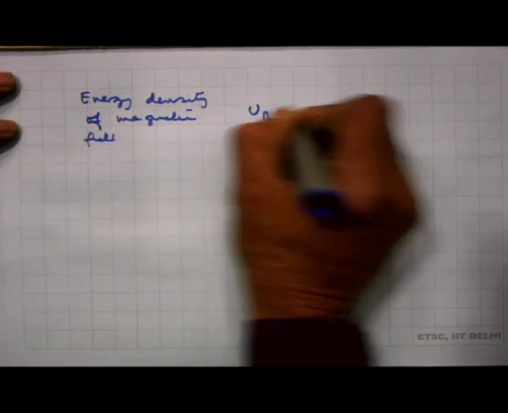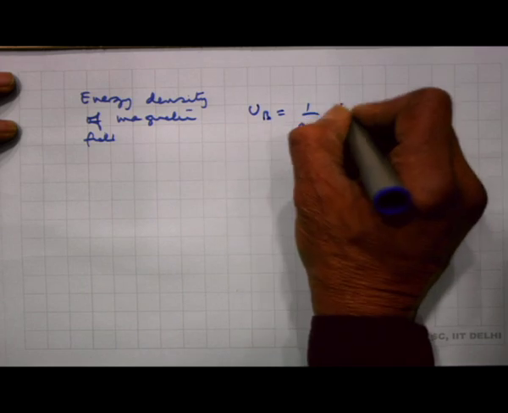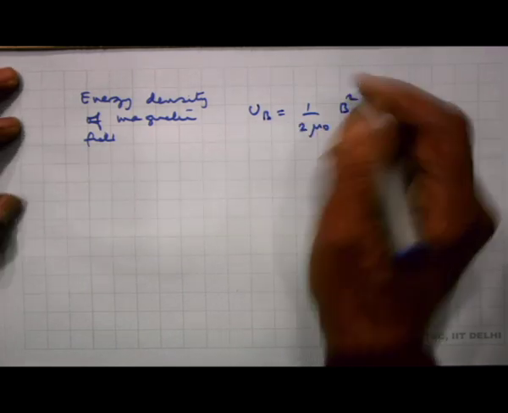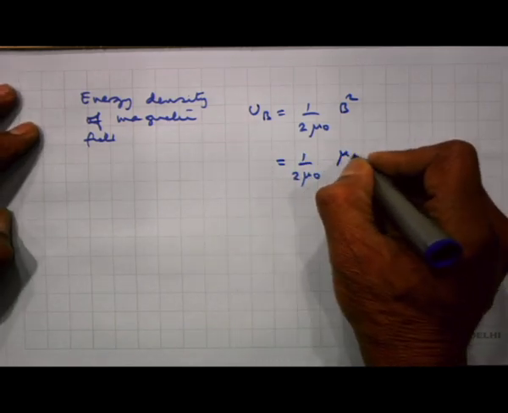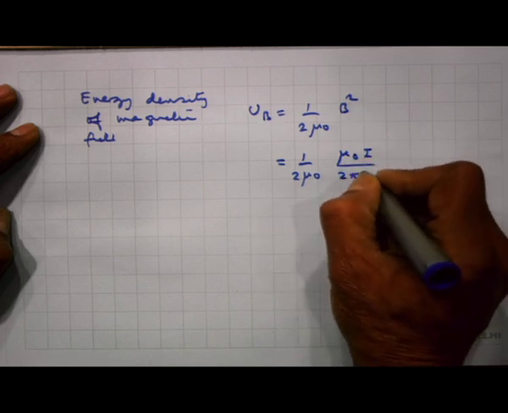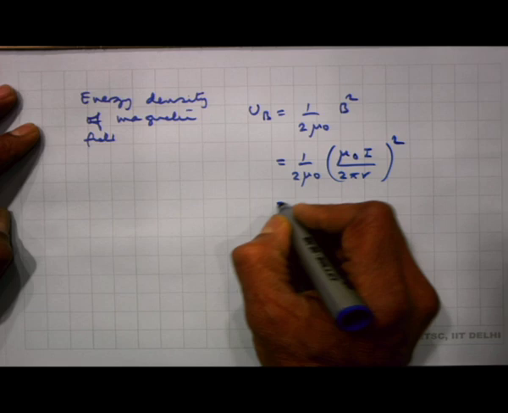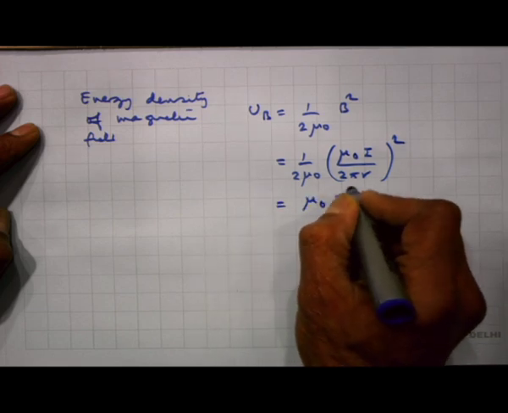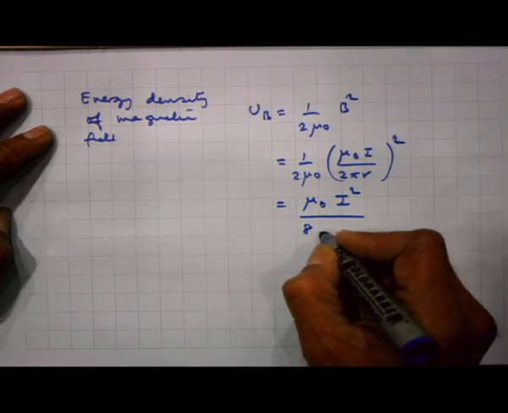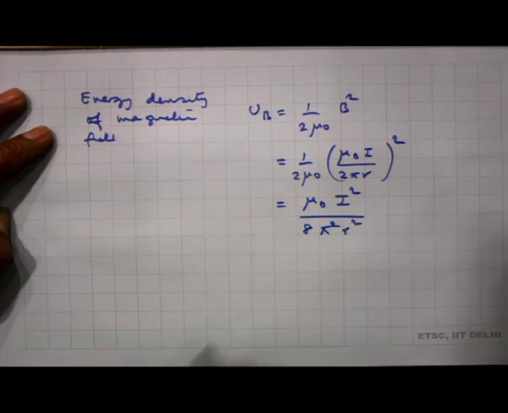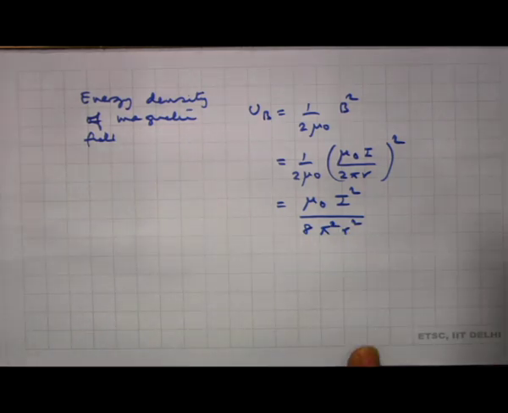U b is equal to 1 by 2 mu 0 B square, which is equal to 1 by 2 mu 0 into I by 2 pi r whole square, which is equal to mu 0 I square by 8 pi square r square. Mu 0 I square by 8 pi square r square, that is the energy density stored in the magnetic field.